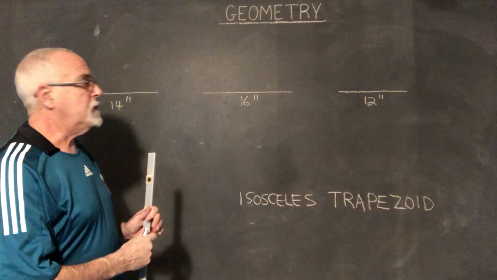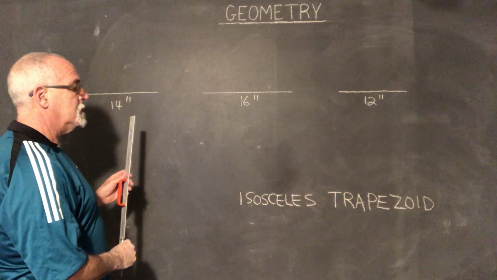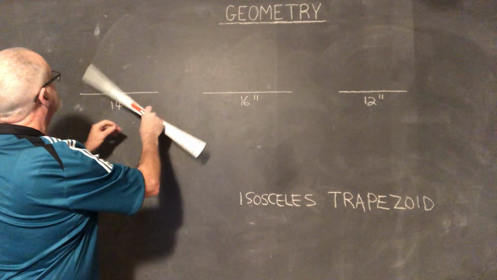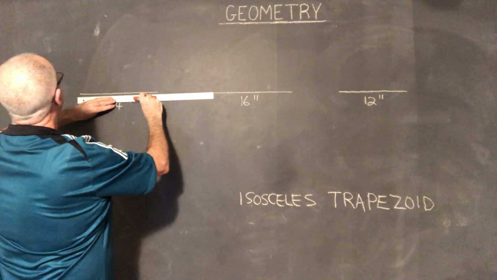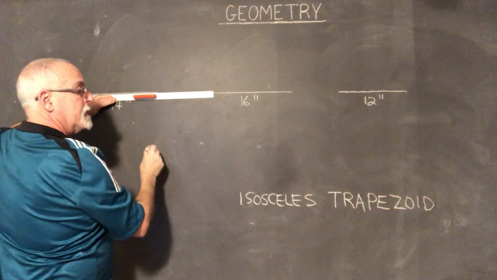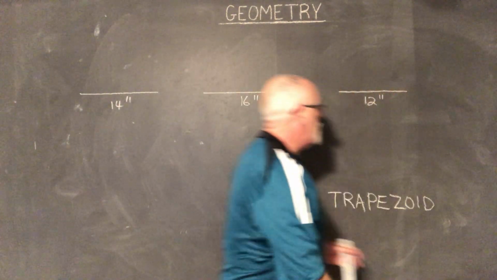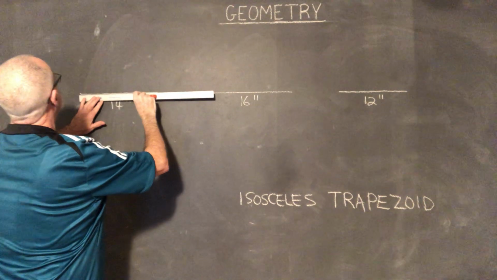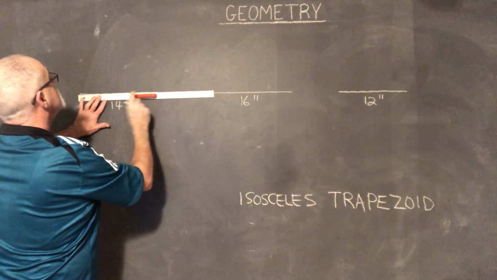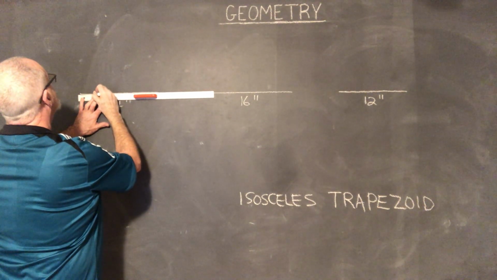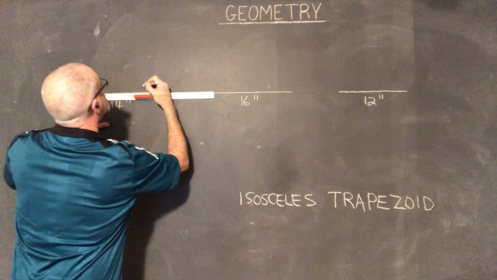And that's what I'm going to do next, measure this 14 inch base, and I don't even have my notes in front of me. Okay, so I wanted the other base in this one to be 8 inches. So I'm putting a little mark above the 3 and the 11.